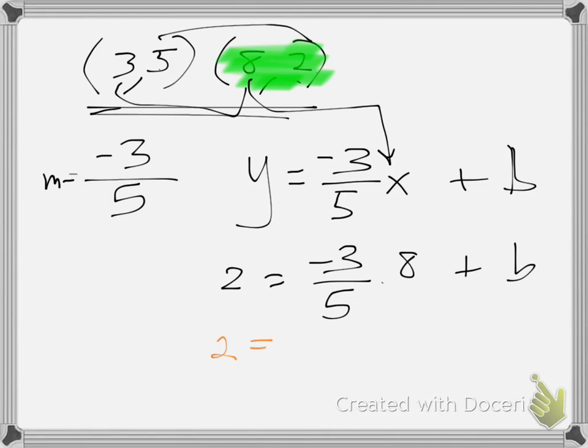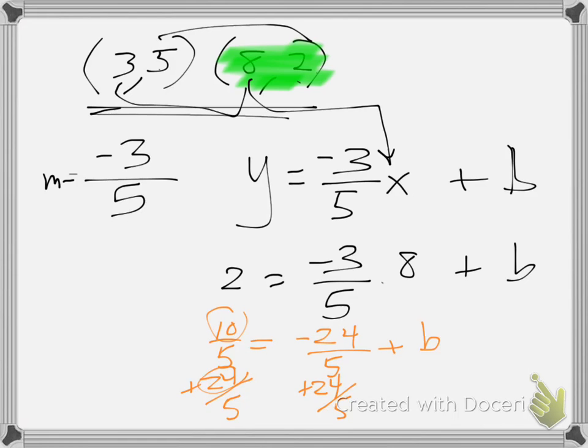So it's 2 equals negative 24 over 5 plus b. And what I like to do is I like to make this 2 into 10 over 5, which then I'm going to add 24/5 to both sides and get 10/5 plus 24/5 is 34/5. That is my b value.